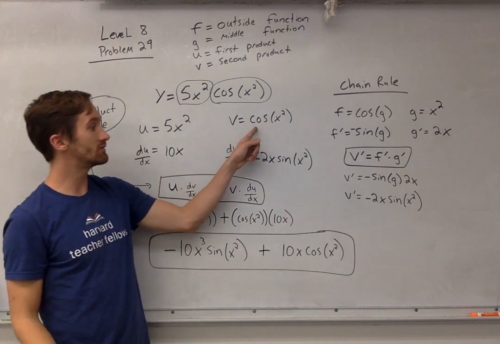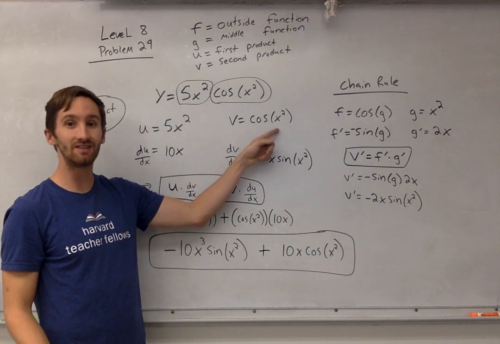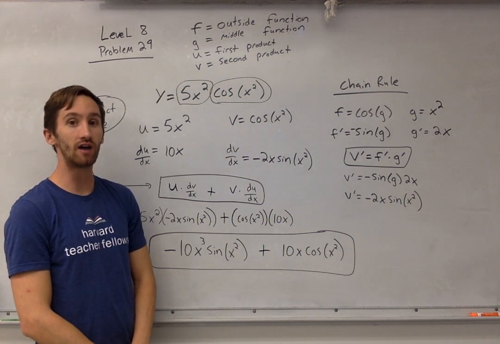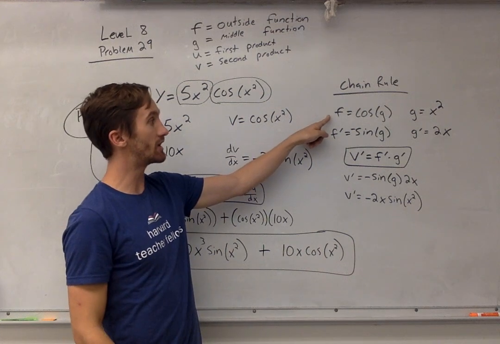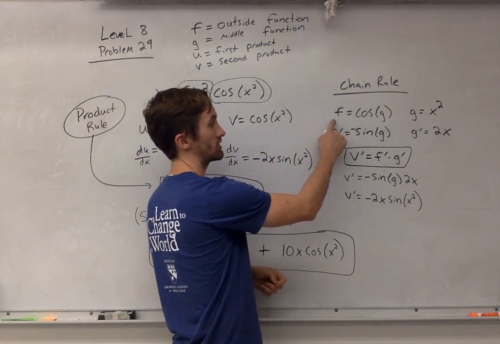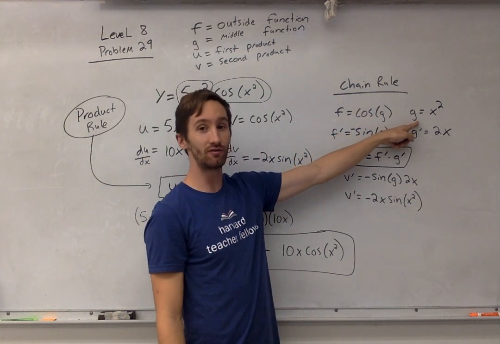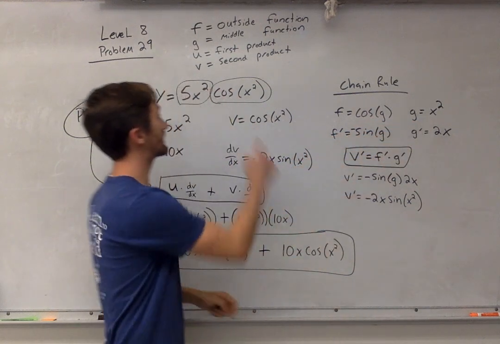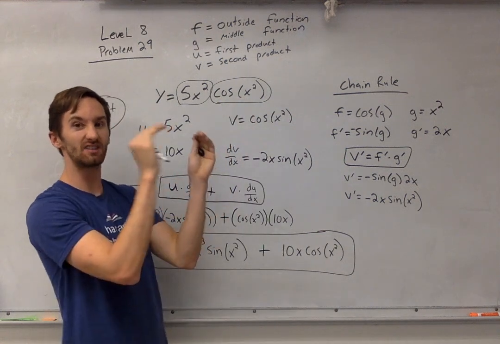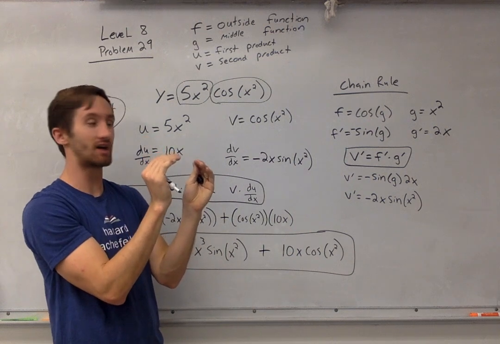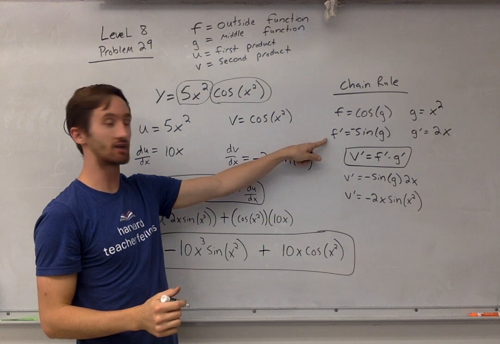But then when it's time to find our derivative for V, we've got a function inside of a function, so we've got to do chain rule. So I come over here, and I've got my chain rule. My outside function is cosine of g. My inside function is x squared, right? Because I've got cosine of x squared. So that x squared is inside, it's trapped inside that cosine. I then take the derivative, and I get negative sine g.